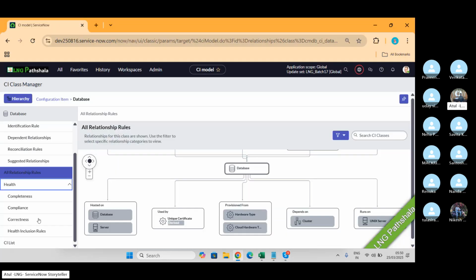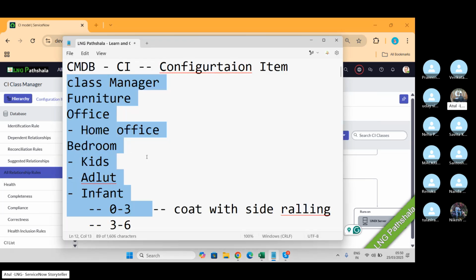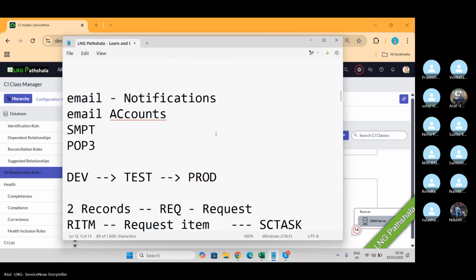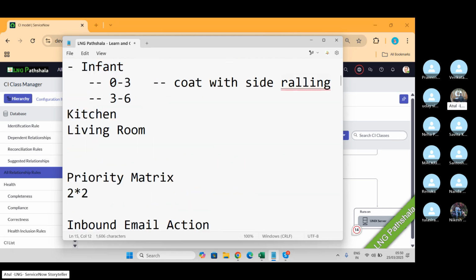So ServiceNow divides this into the 3 C's: completeness, compliance, and correctness. Let me give you an example. Savita comes to me and says, Atul, I want to join your classes.